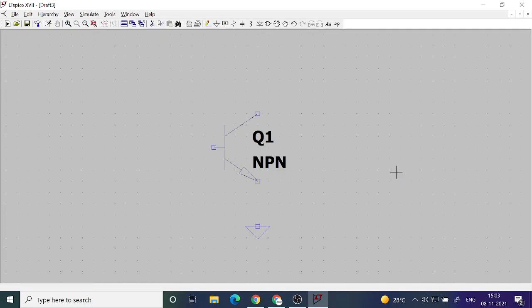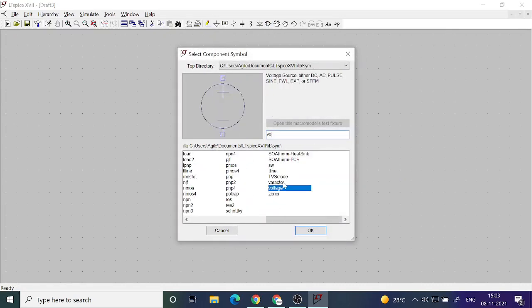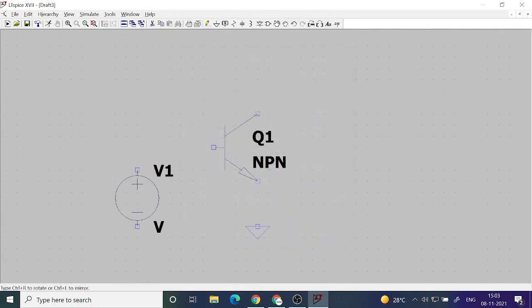Okay, I need a ground, then I need a voltage source. So this is my voltage source 1, another voltage source, so two voltage sources.